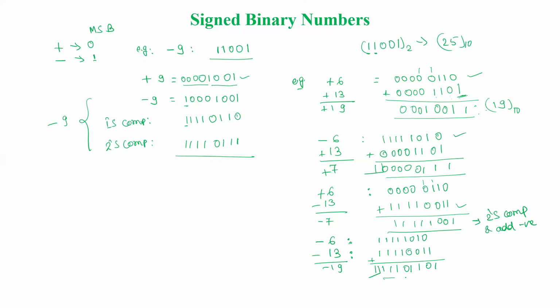Whenever the result is negative, we have to take the 2's complement and add the sign bit here. So for this again, we will find the 2's complement. Whenever the result is negative, for the obtained sum, we have to find the 2's complement and add the sign bit.